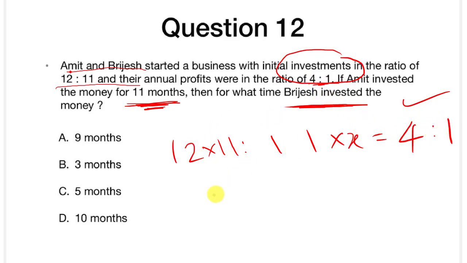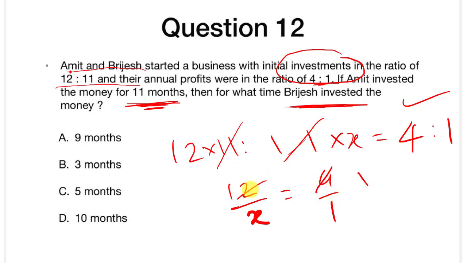So 11 will be gone, and 12 by x is equal to 4 divided by 1. So x is equal to 3 months. The answer will be 3 months.